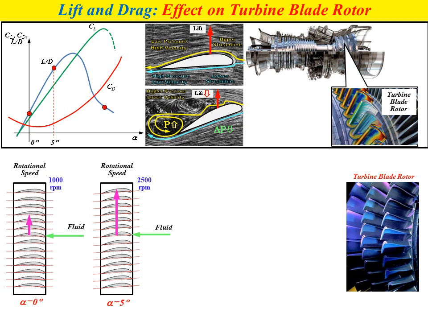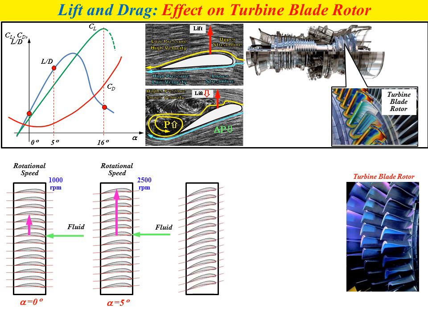Now we increase the angle of attack to the critical angle of attack, which is 16 degree. At this condition, we'll have a lower value of L over D compared to the previous condition of alpha equal to 5 degree. So we will have a lower value of effective lift force.